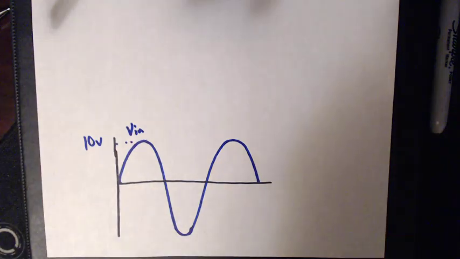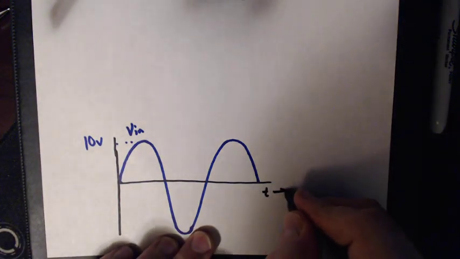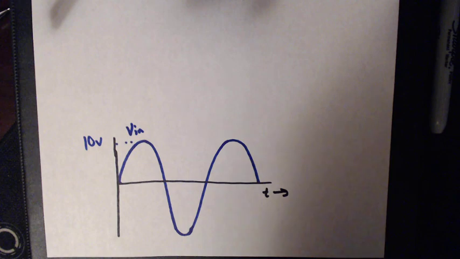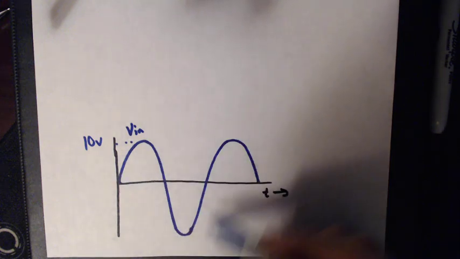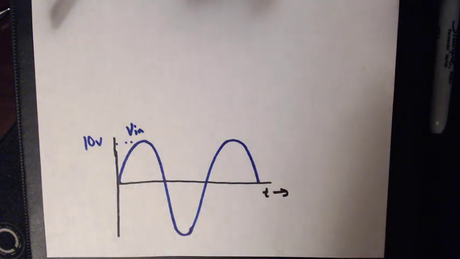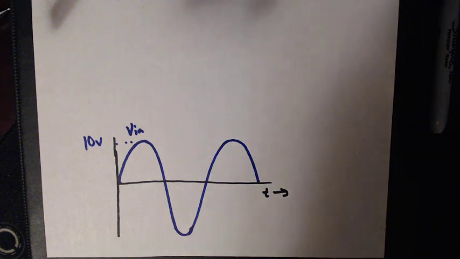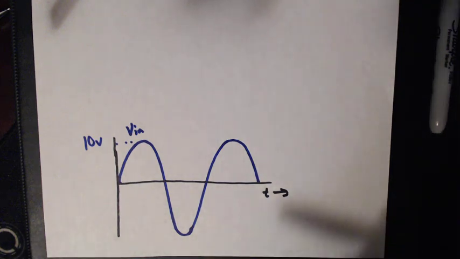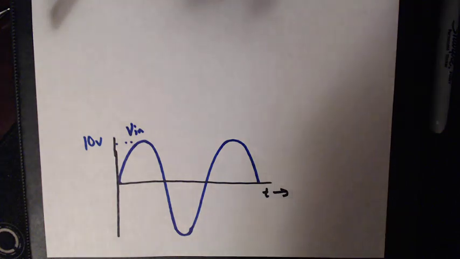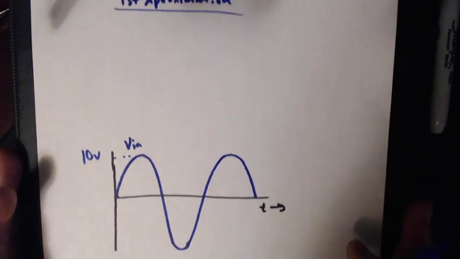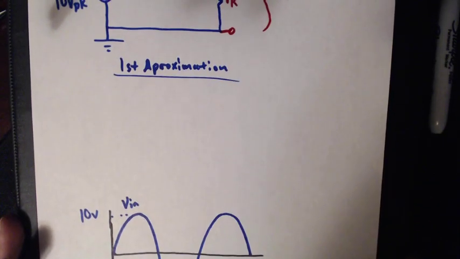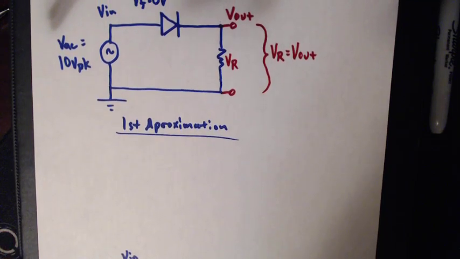So this is 10 volts, and this is V in. This is time. And notice I haven't paid any attention to how long it takes, because in this case it doesn't matter. We'll be looking at time a little later and how this AC gets quantified with respect to time. But for right now, let's just look at this.